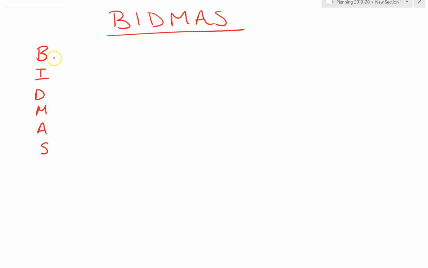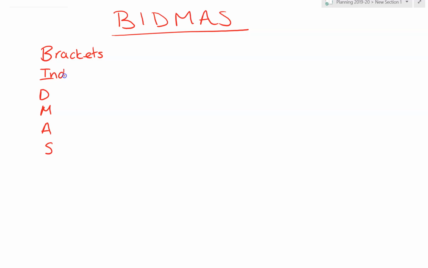B stands for brackets, I stands for indices, which is things like square, square root, cube, that kind of thing. If you say Bodmas, the O generally stands for other, so things that aren't the other letters. D is divide or division.